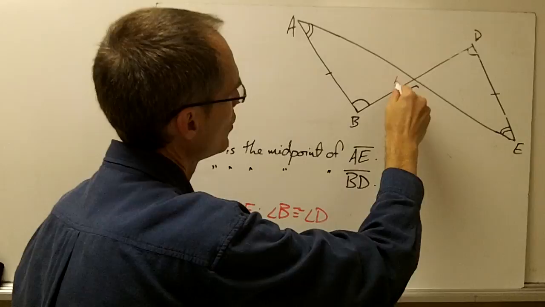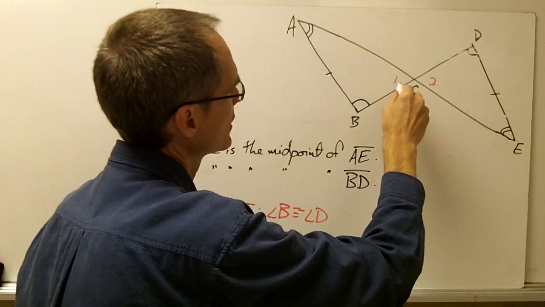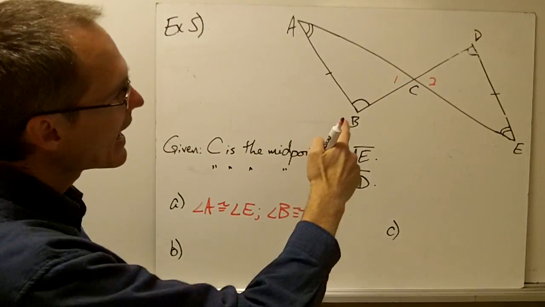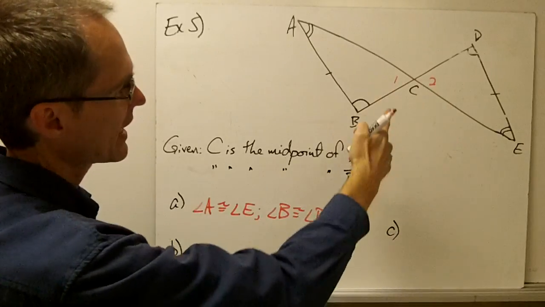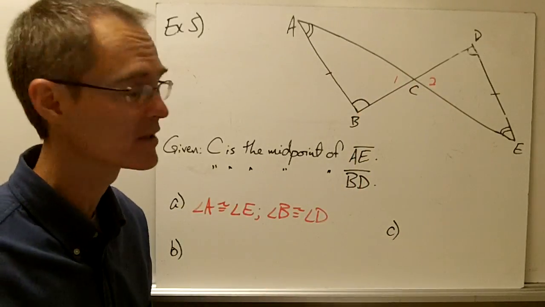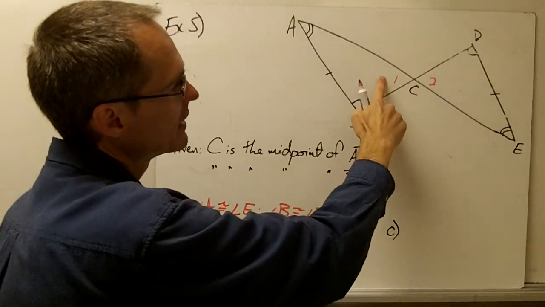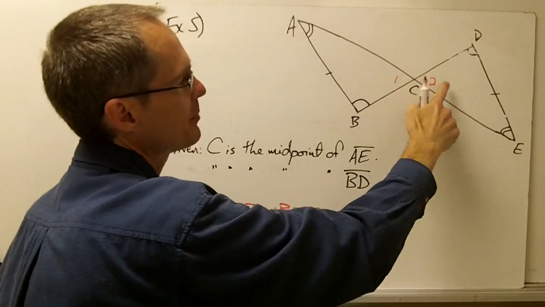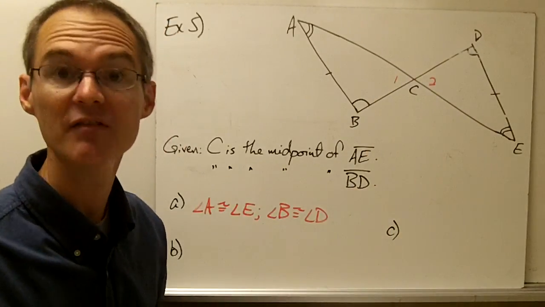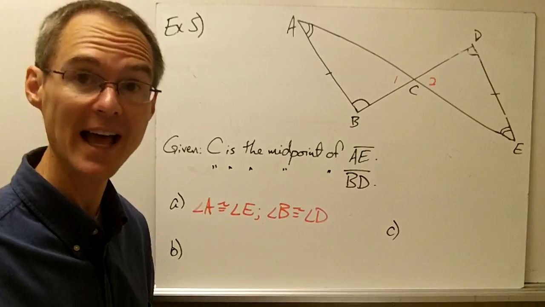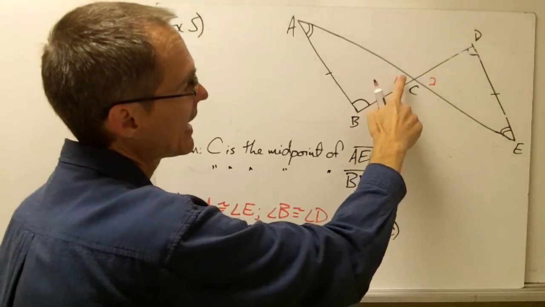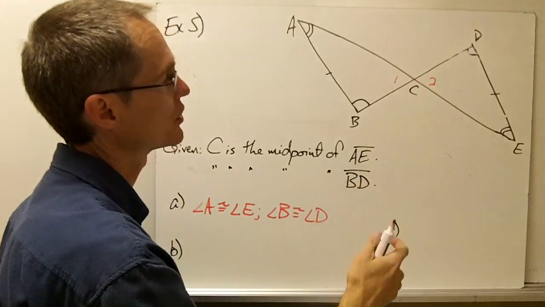But these 2 angles here, it doesn't look like they are congruent. Actually, let me call this angle 1 and angle 2 just to distinguish between them. When I first look at it, I see they don't have any hash marks, so I might be tempted to say they're not congruent. But since I know this pair of angles is a pair of vertical angles, and vertical angles are always congruent, I know that angle 1 must be congruent to angle 2.